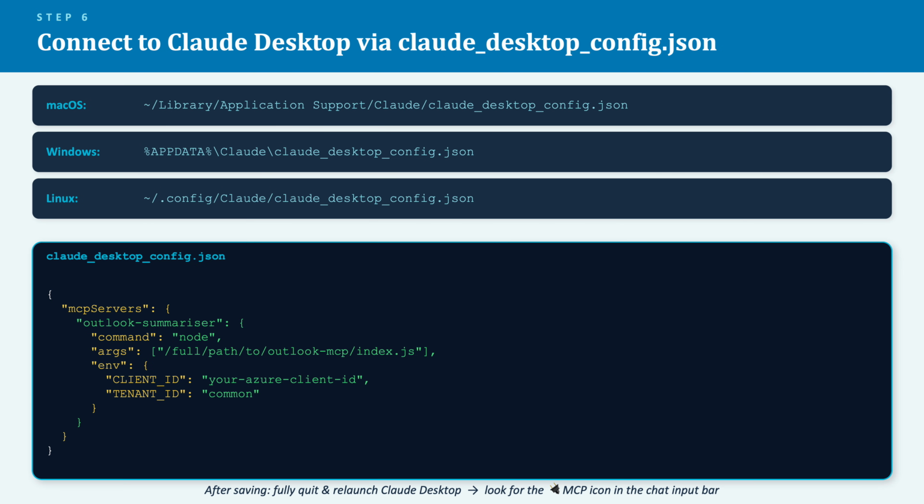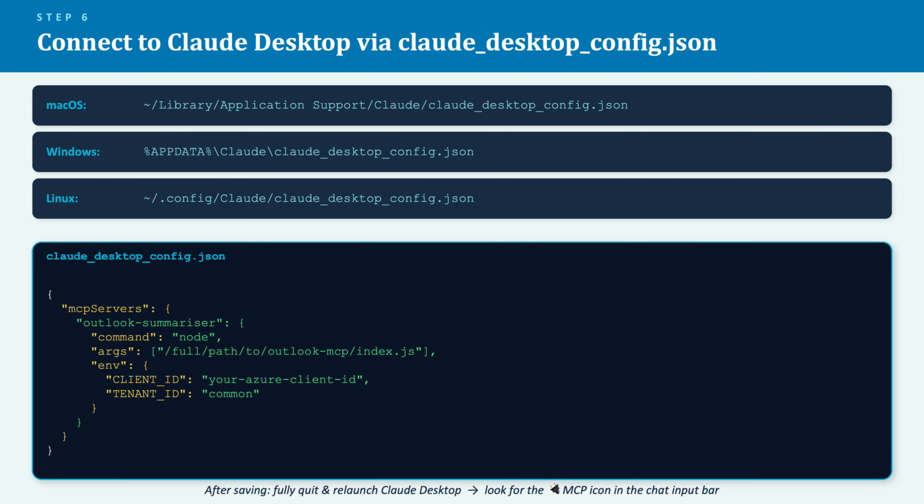On Windows, it's in AppData/Roaming/Claude. On Linux, it's in .config/Claude. All three locations use the same file name, claude_desktop_config.json. Open that file, create it if it doesn't exist, and add an mcpServers block like this.